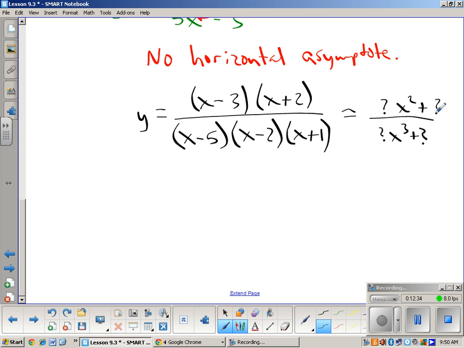So in other words, my highest degree in the top is going to be 2, and my highest degree in the bottom is going to be 3. So I'm still confused on what you meant by 0. The horizontal asymptote will be at 0 since the denominator is greater. What's the equation that represents that? Louder, please.